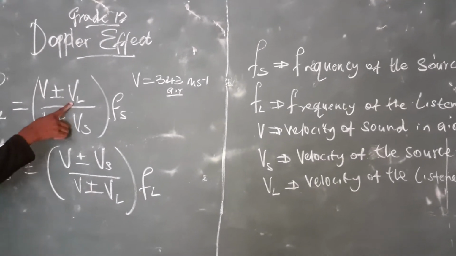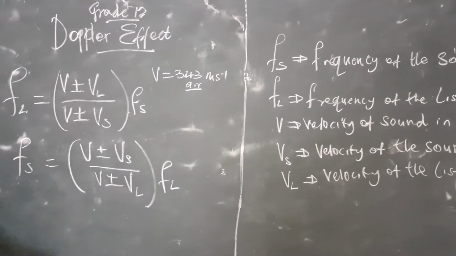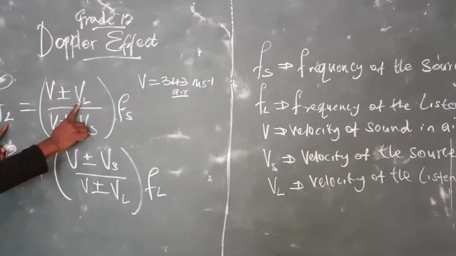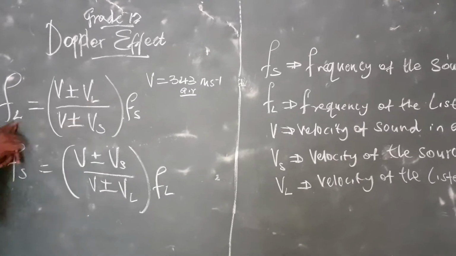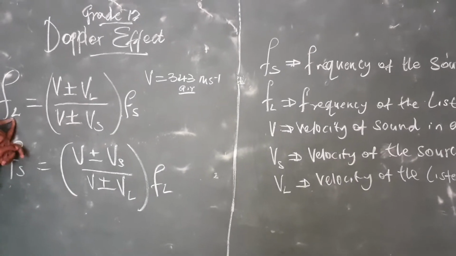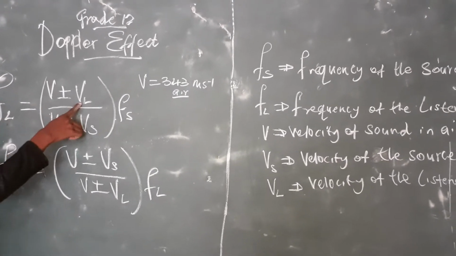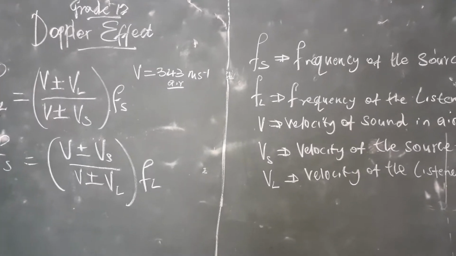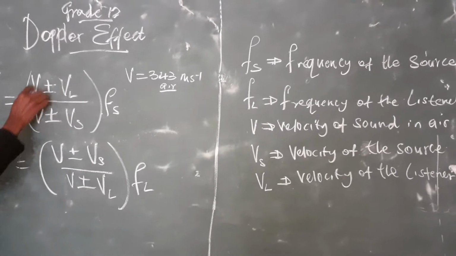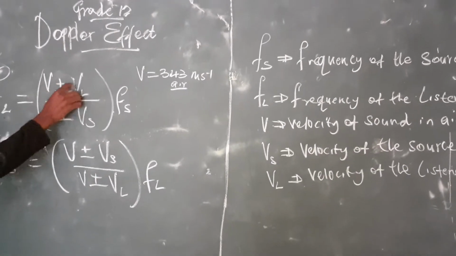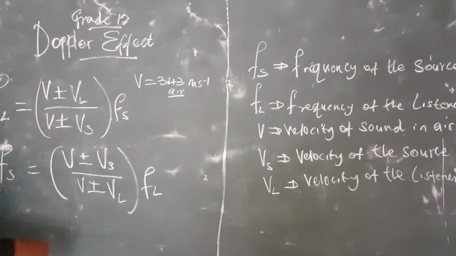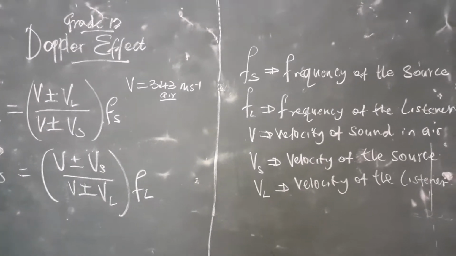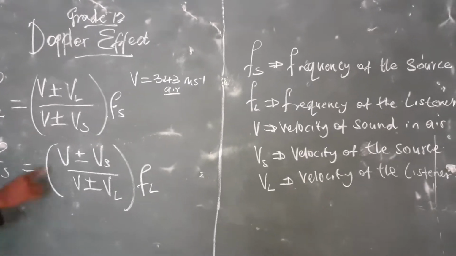And then this is the velocity of the listener. Note that these two always go hand in hand. If this is the frequency of the listener, the velocity of the listener must be in the numerator. The plus or minus is the direction, determining whether you are moving towards the source or moving away from it.